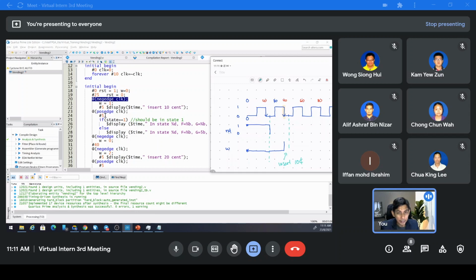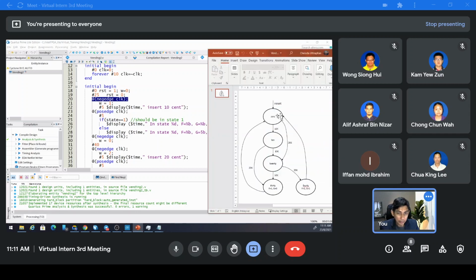And now when we insert 10 cent, we want to see the output of our design, whether it is correct or not. Based on the behavior here, when we insert 10 cent, we should be in this state, and the output F and G should both be equal to 0, 0. How do we know that we are in this state?